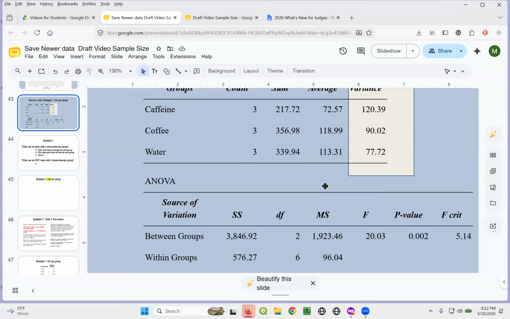We could show them the F distribution for 2 degrees of freedom, 4 degrees of freedom.